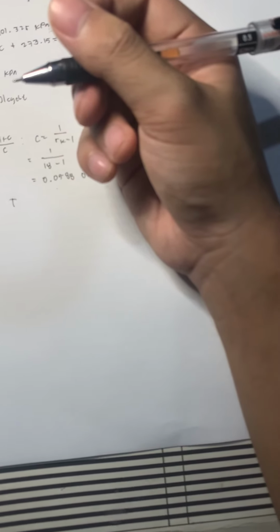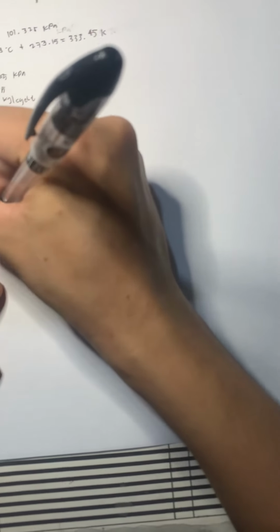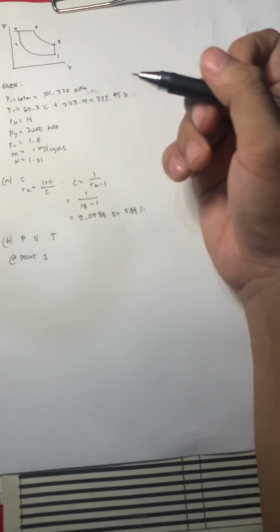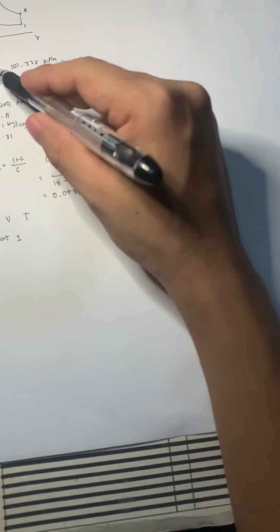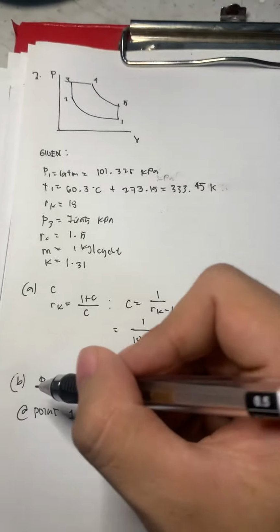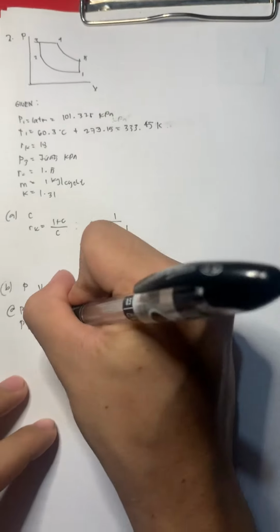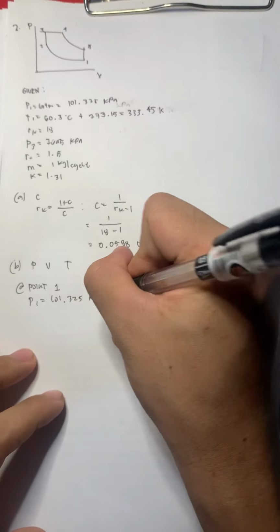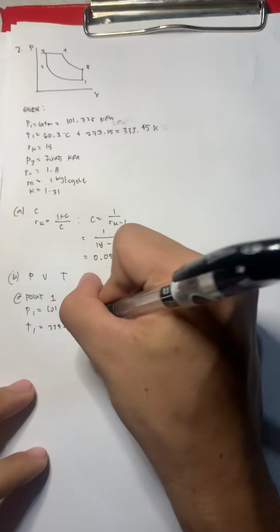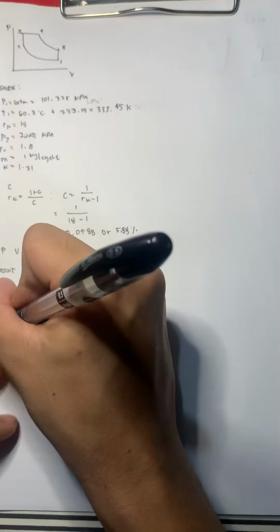At point 1, since we have been given P1, which is 101.325 kPa, and T1 equals 333.45 Kelvin. Now for initial volume we will use the ideal gas law.